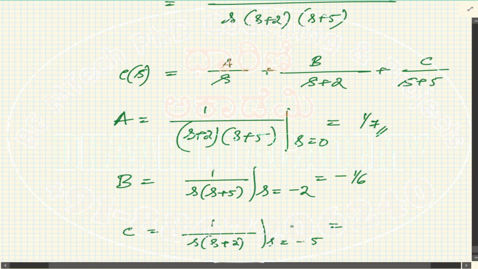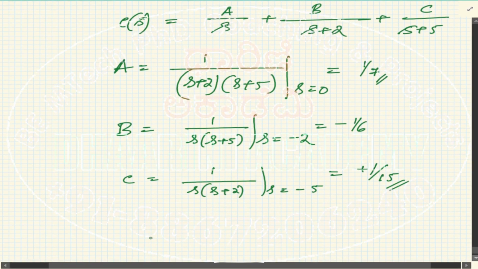Yeah, minus 1 by 15, right? Minus 5, plus, right? 1 by 15, isn't it? Okay, so we got these values. Let's write them down.